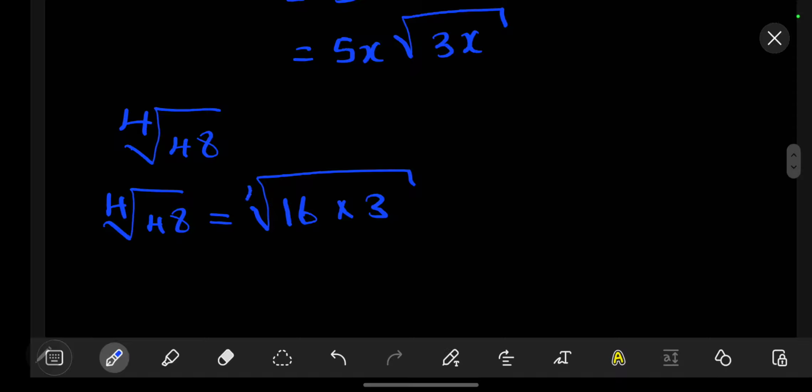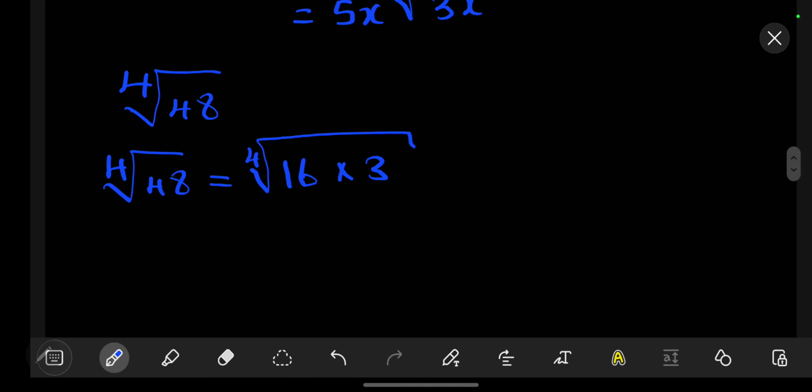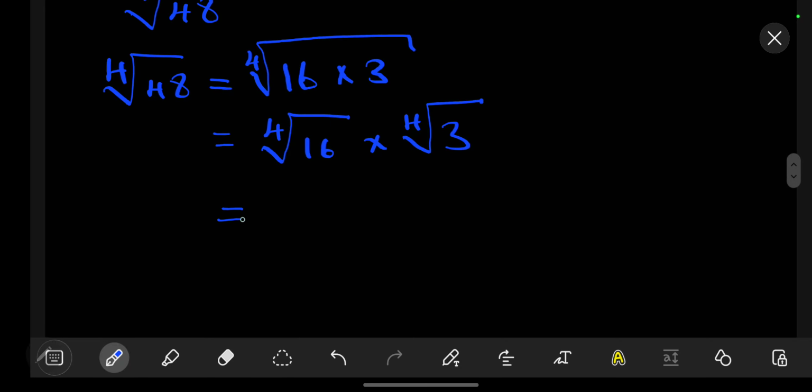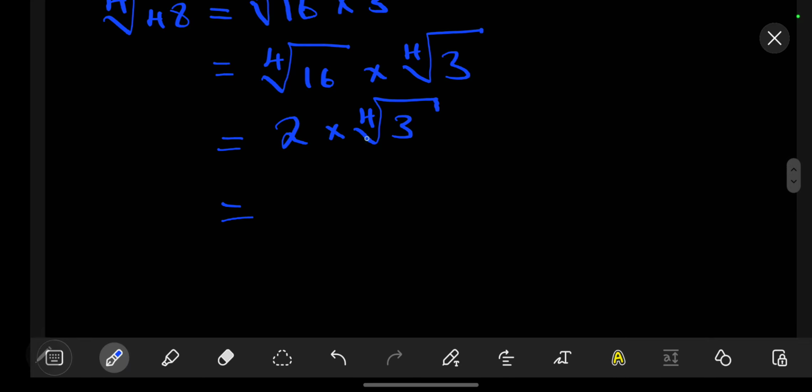So we can now split. We have the fourth root of 16 times the fourth root of 3. The fourth root of 16, the number you multiply 4 times to give you 16, is 2. Then we have times the fourth root of 3. So we have 2 times the fourth root of 3, like that.